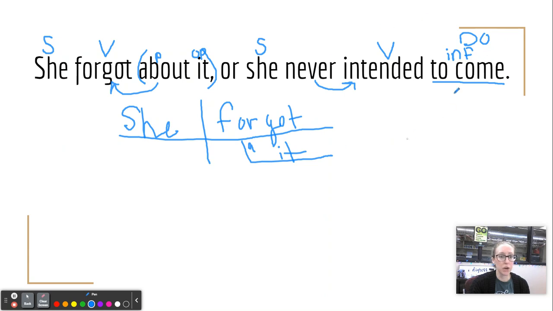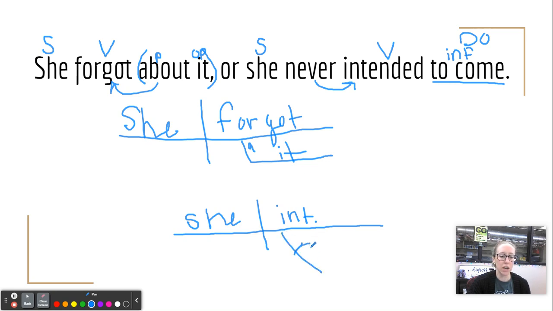Then we want to diagram our second independent clause on a completely separate line. So we're just going to make another line down here, a little bit better. Again, we've got the subject she separated from the verb intended. I'm just going to abbreviate. Never abbreviate on your diagrams, but just for the sake of moving faster. Never is under intended.